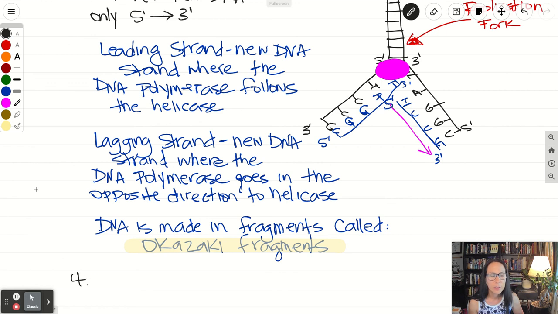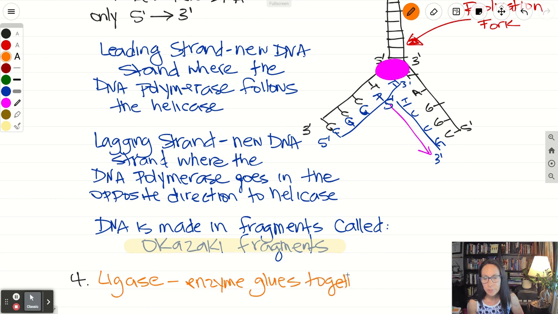This is step 4, and this enzyme is called ligase. So ligase is the 4th enzyme. This enzyme glues together all the Okazaki fragments.